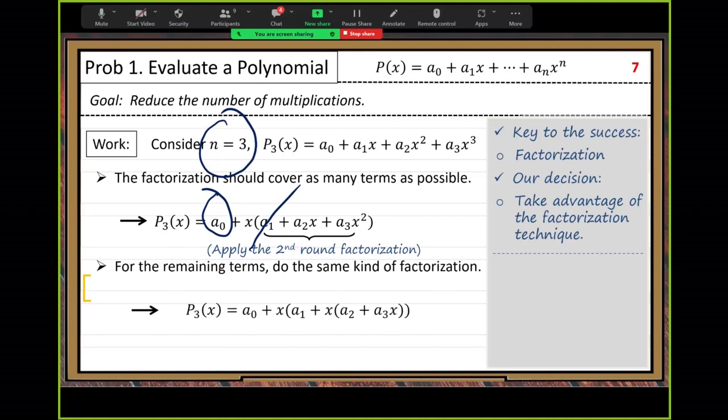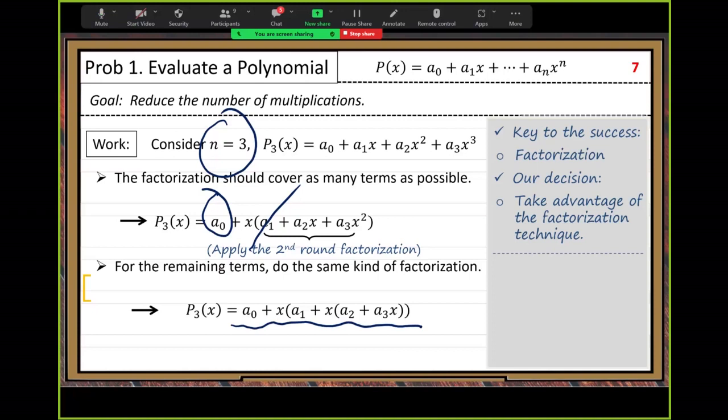So let's do the factorization like this. Two rounds of factorization. Now I ask you again, can you tell me the total number of multiplications we need after these 2 rounds of factorization? 3.